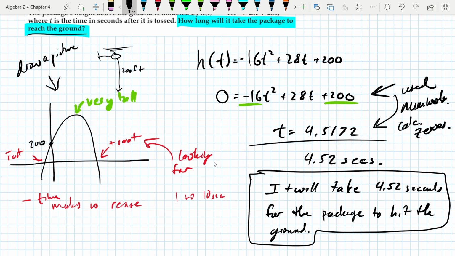Now, if you gave me 4.52 seconds and you said NumWorks calculated maximum, I'd be like, this person doesn't know what they're doing, because this is not a maximum. This is a root, and those are two completely different things. So there's a couple different ways to show your understanding, even if you're not actually writing anything down on the paper. The calculator is still a skill, so practice it.